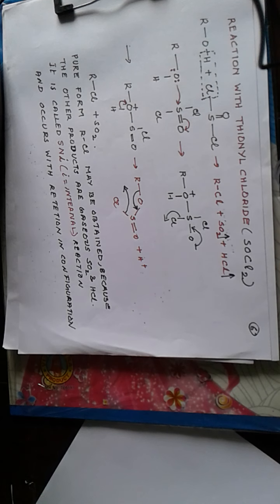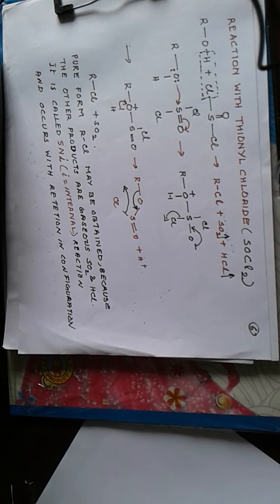So we get almost a pure product because the other products are escaping from the medium as gaseous products. So that we can get almost pure alkyl halide by reaction of an alcohol with thionyl chloride.